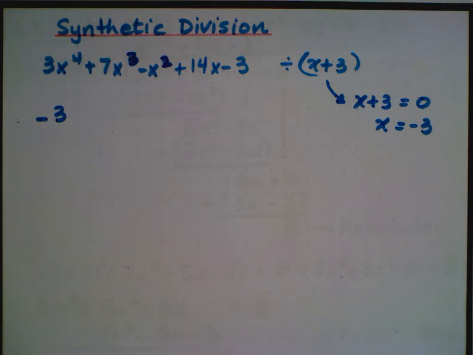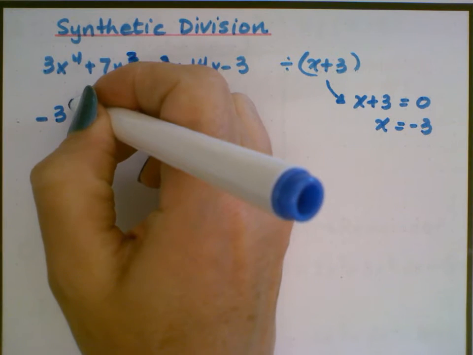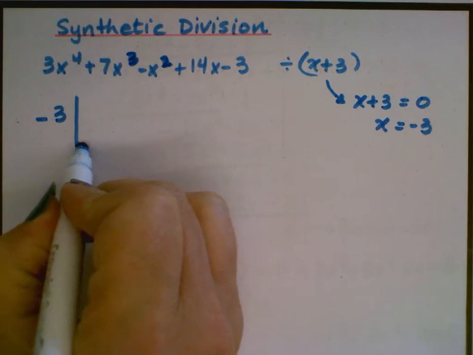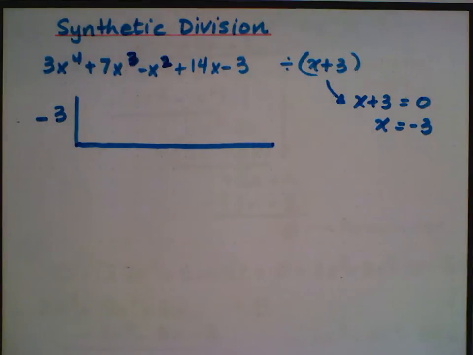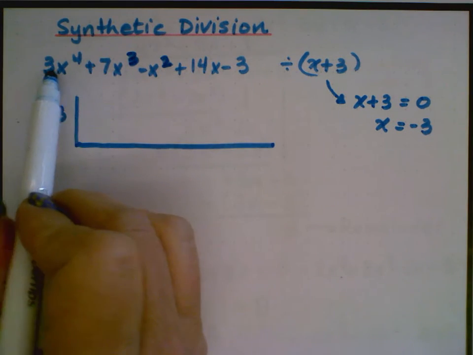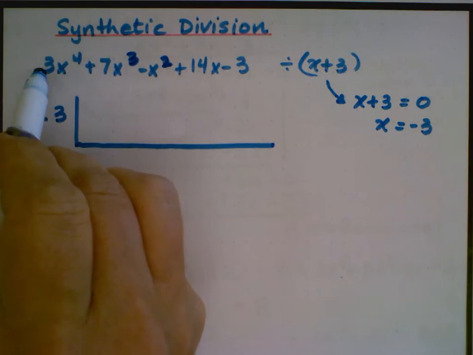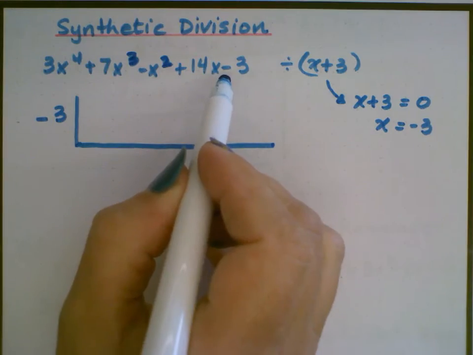I'm going to create a matrix. And a matrix is really just a grid. It's a way of organizing numbers that is neat and easy to follow. So this grid is going to have a shape that looks like that. And along the top of the grid, I'm going to put the coefficients of each of these terms.